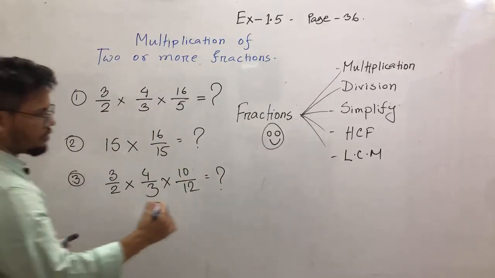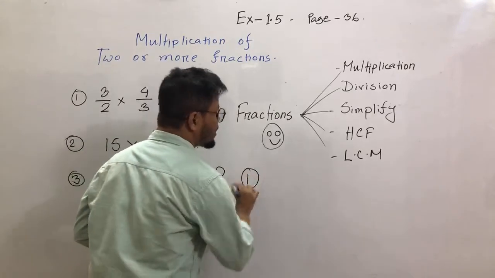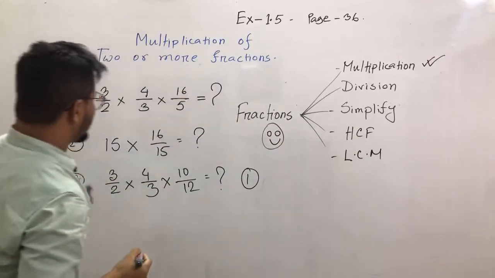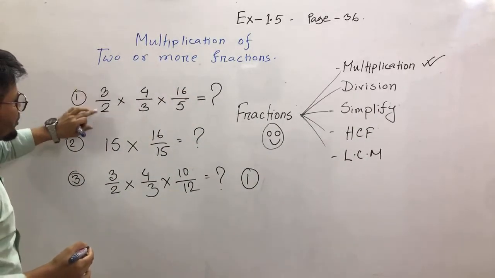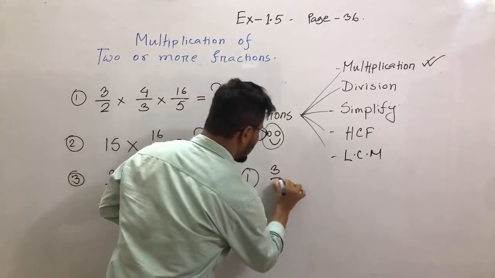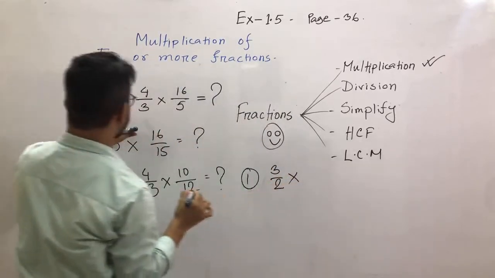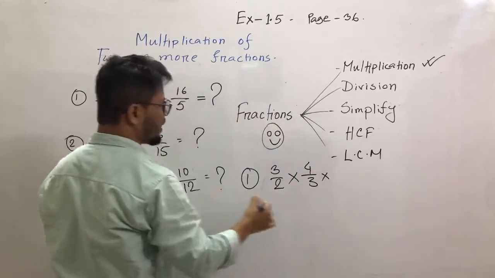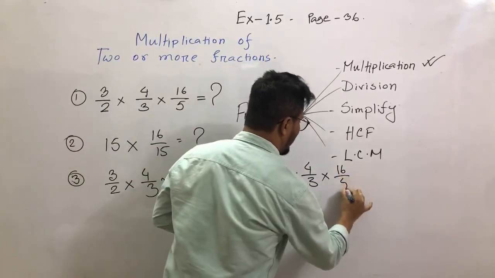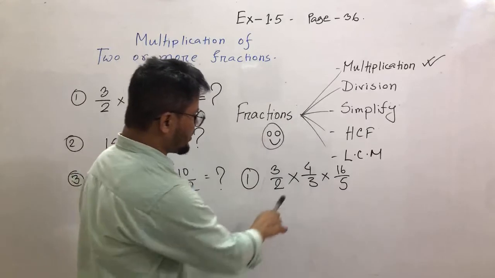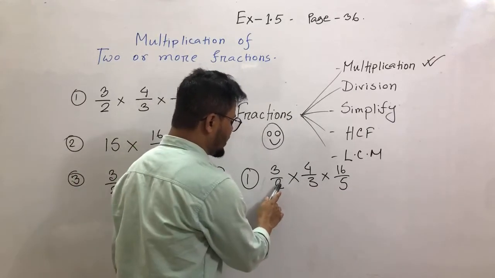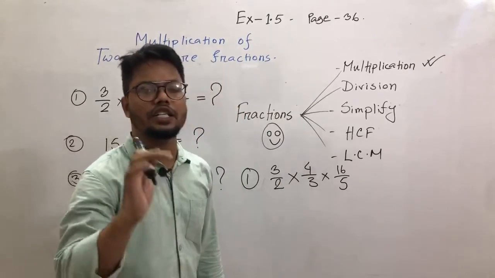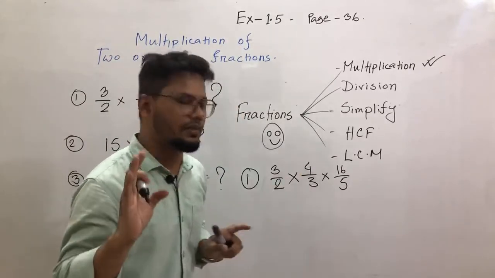Now let us do number 1, the first content, multiplication of two or more fractions. First question: 3 by 2 multiplied by 4 by 3 and multiplied by 16 by 5. Now that means when multiplying, you can eliminate denominator and numerator, or you can divide numerator and denominator by the same number.